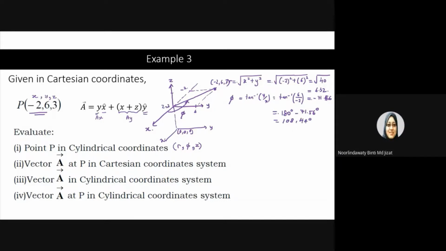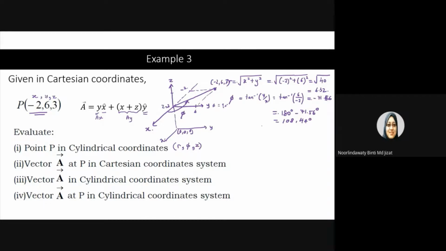Okay, thank you. So we will use the positive value instead of the negative value once you sketch it. You can say that phi of 90 degrees is here, so this one is supposed to be more than 90 degrees. This depends on which quadrant your point is located in.